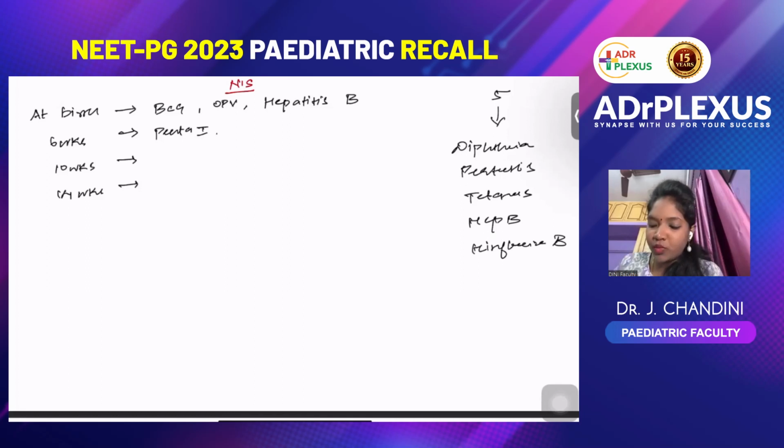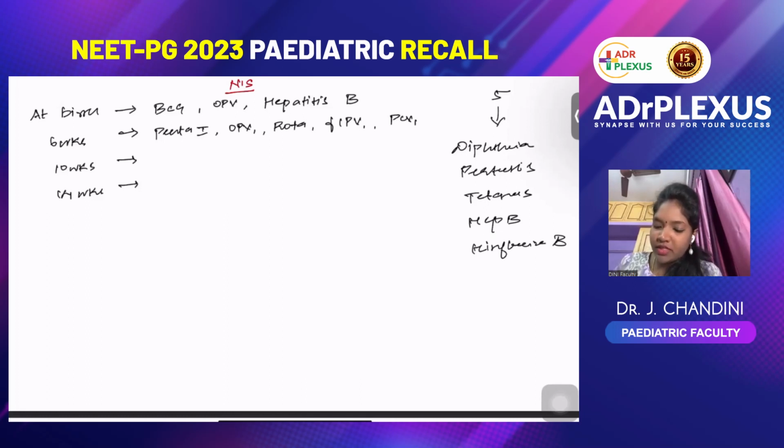So you will give pentavalent 1, then OPV 1, then Rota 1, followed by FIPV. FIPV is fractionated dose of IPV 1, and you will give PCV 1. Okay, totally 5. This is given at 6 weeks.